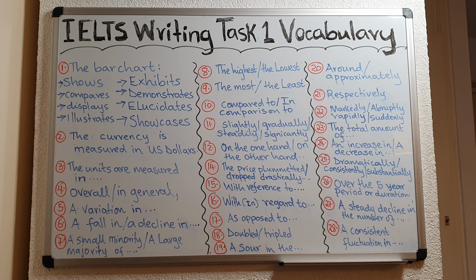Now, gradually means that it is going up step by step. So let's say, for example, in the year 2020, it was 10%. In the year 2021, it is 21%. In the year 2023, it becomes 22%. So it is going up gradually. It is going up slowly, up and up, very slowly, okay? It is increasing.